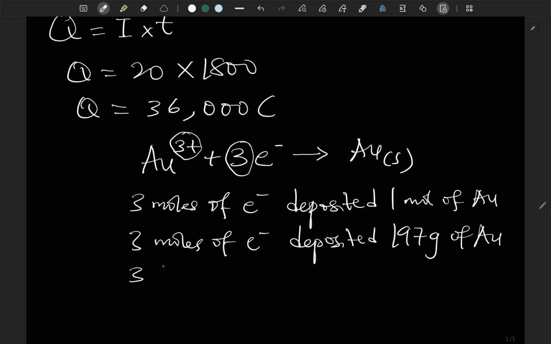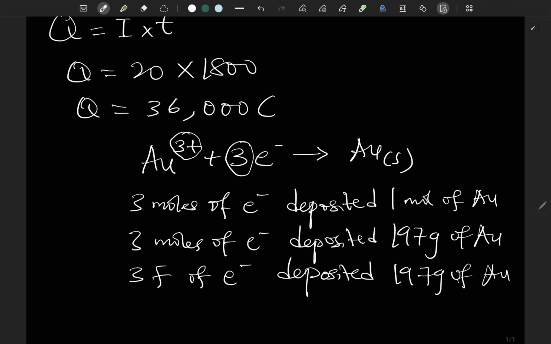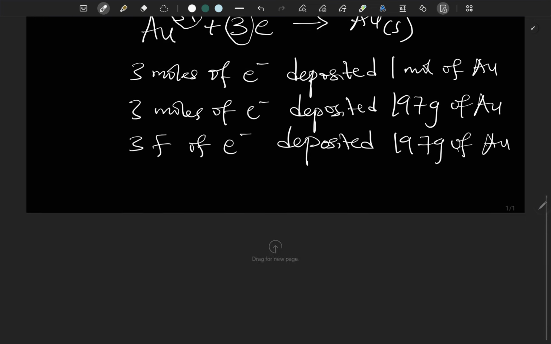So we can say 3 Faradays of electricity deposited 197 grams of gold.